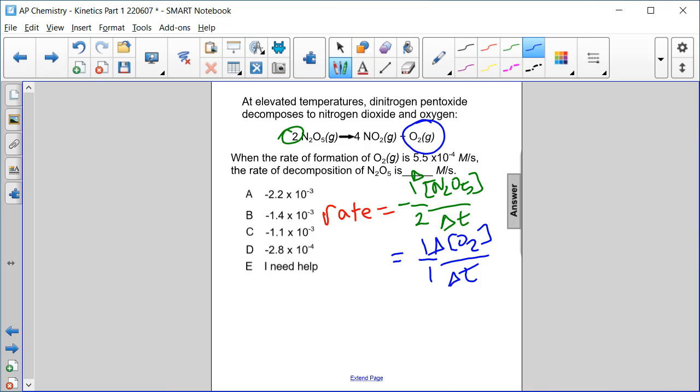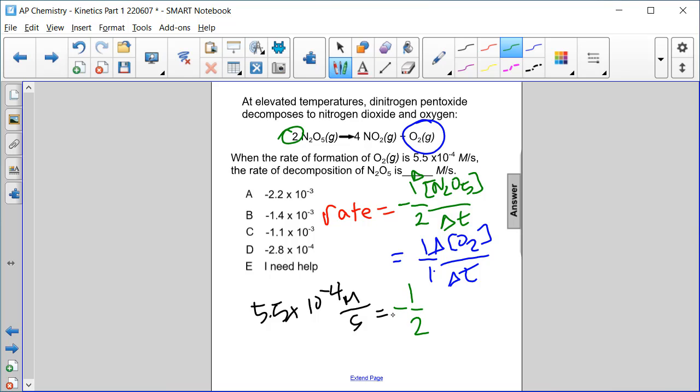Given that this is a coefficient of 1 for the oxygen, the rate of formation of the oxygen is the same as the rate of the overall reaction, which I've written here in red. So what we can say is that 5.5 times 10 to the minus 4 molarity per second is equal to, we can figure out what we're trying to solve for here, minus 1 over 2.